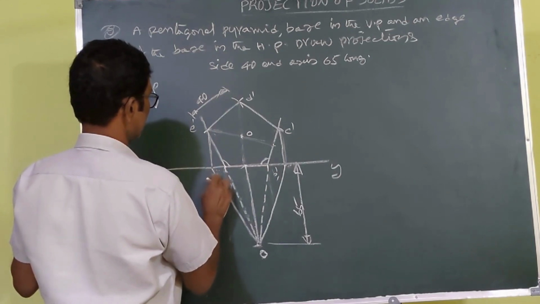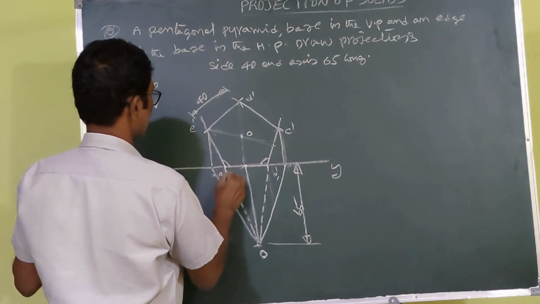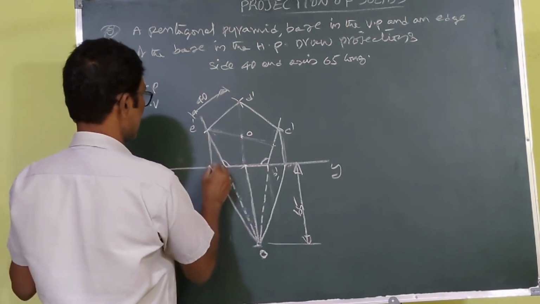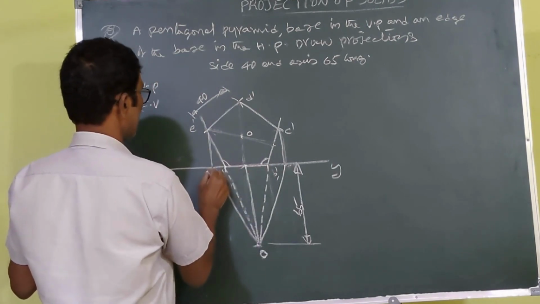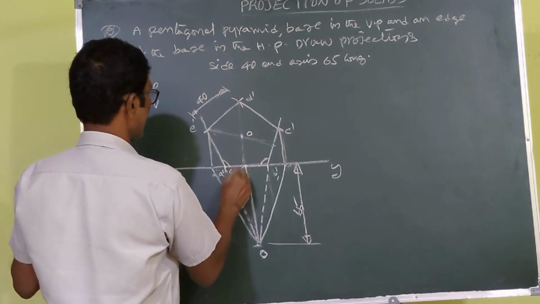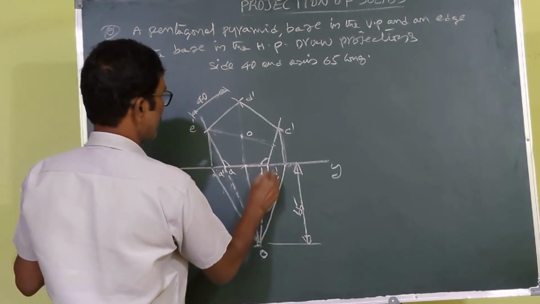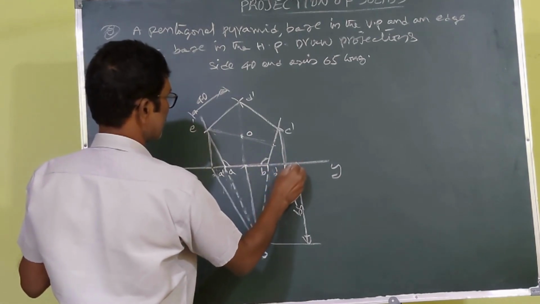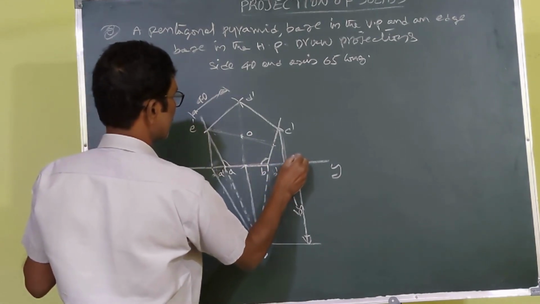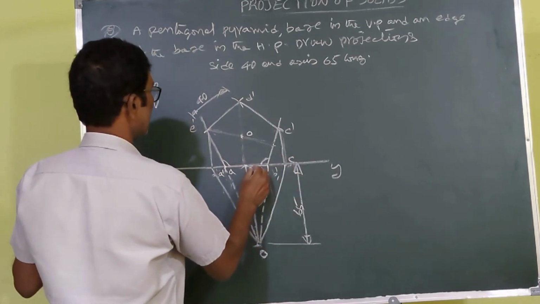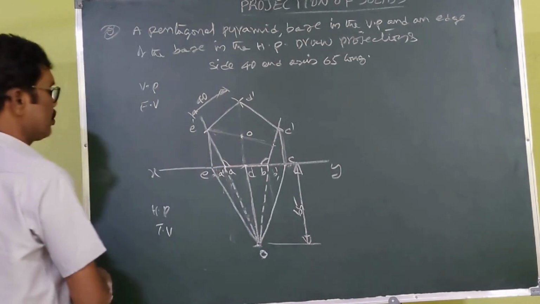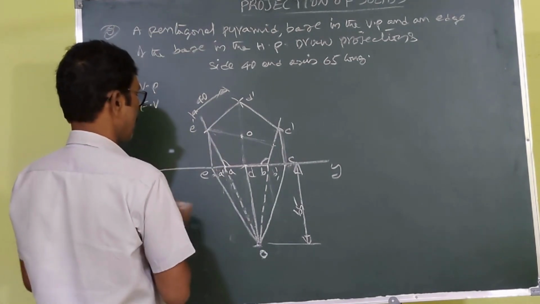A dash, B dash. So the names here are all the same. Here also A, B, C, D, E names. Please be careful.